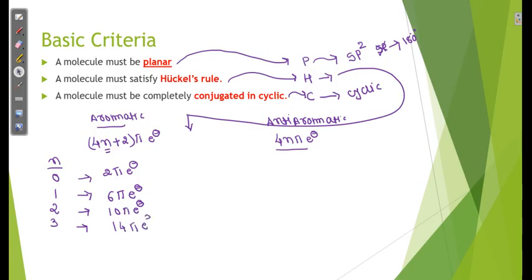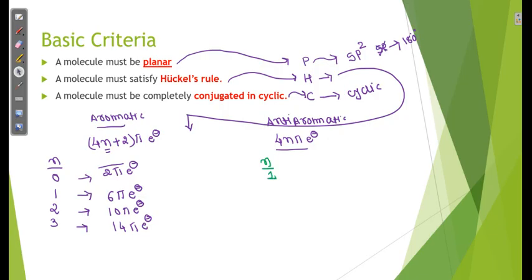So if the electron count is 2, 6, 10 and 14, in a change of 4, then this is aromatic.